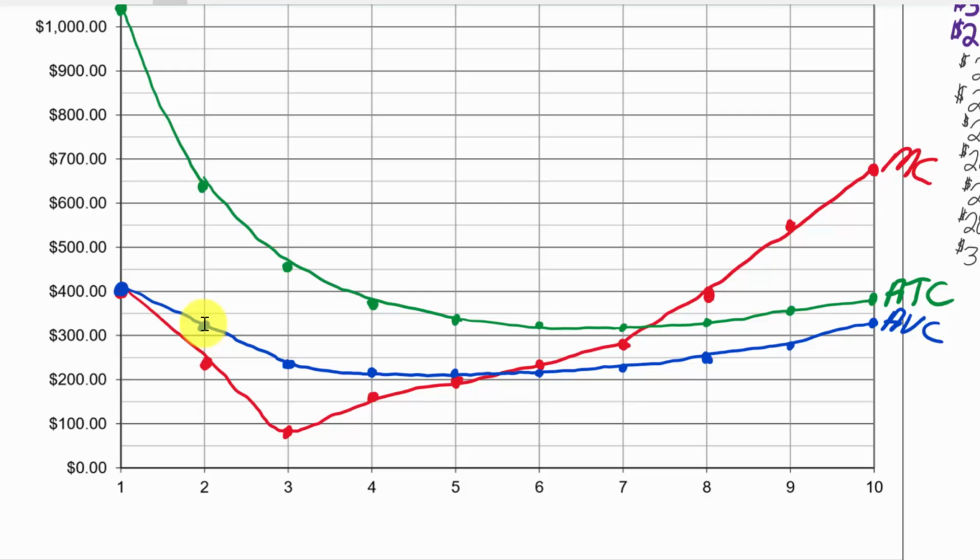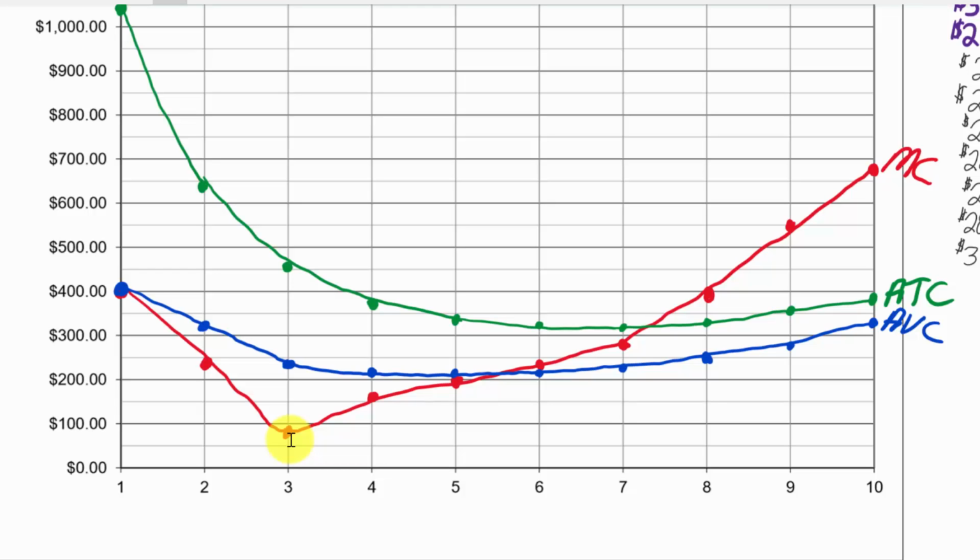So this is typical with most production processes. The first unit, or sometimes the first few units, are very, very expensive, but that marginal cost will go down very quickly and quickly hit a minimum. So sometimes those first few units are so expensive that if you focused on how expensive they were going to be, you'd never even want to get started producing anything.